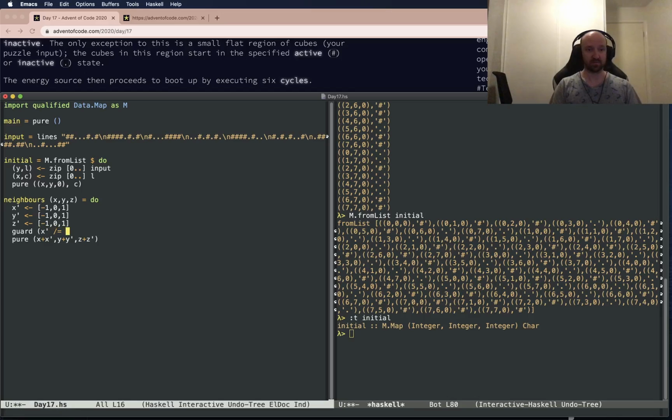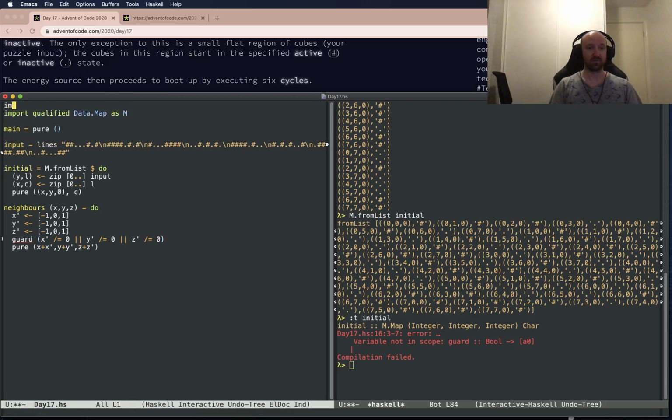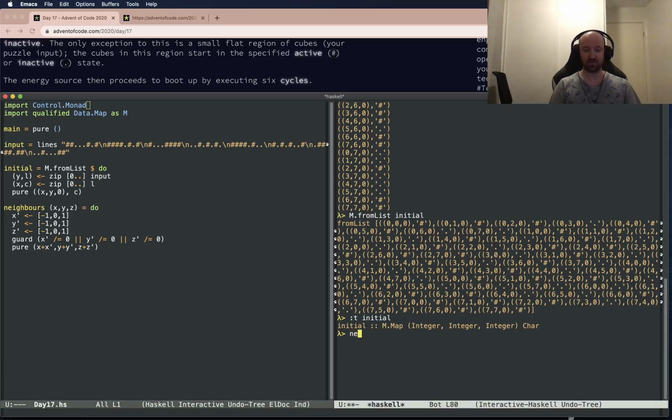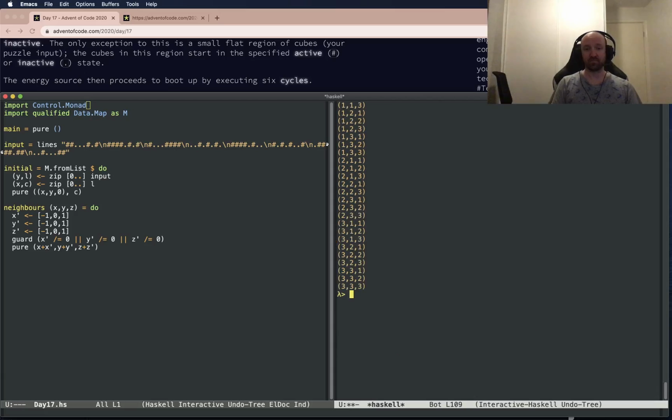So either X prime is not 0, or Y prime is not 0, or Z prime is not 0. Okay, and that should, yes, fair enough. And that should give us the neighbors of 2, 2, 2. First of all, there should be 26 of them, yep. And they should look like that.